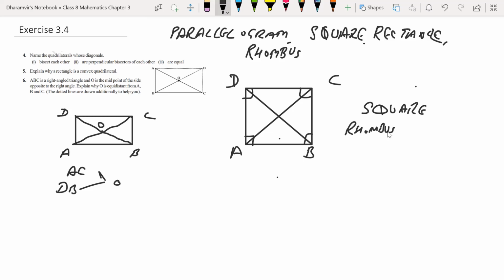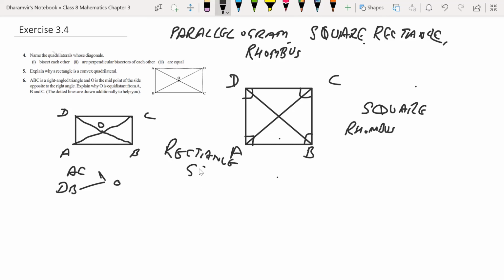Next one, the quadrilaterals whose diagonals are equal. The diagonals of a quadrilateral are equal if all the angles are equal. So if their diagonals are equal, then it is a rectangle and square. The answer for the third is rectangle and square.